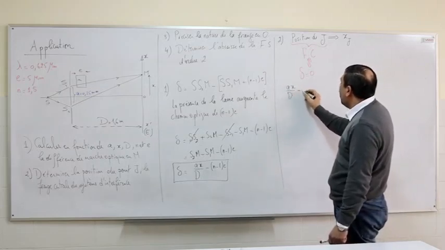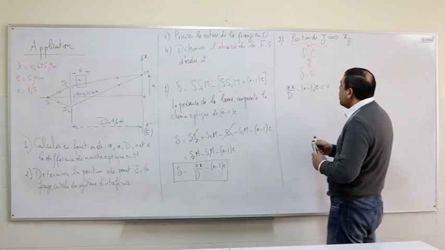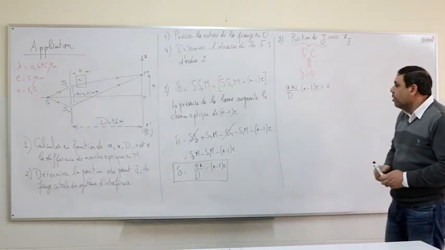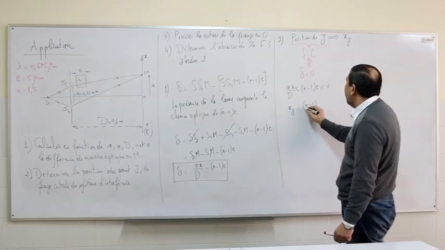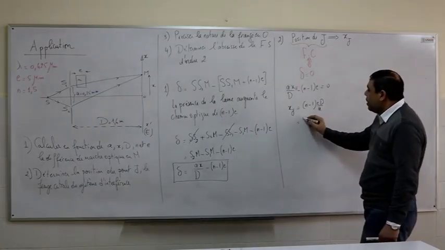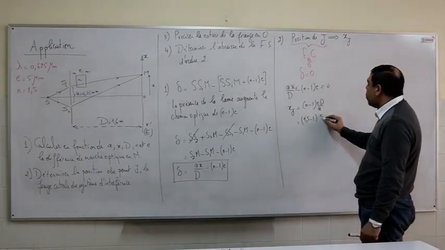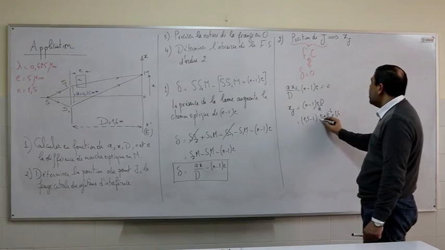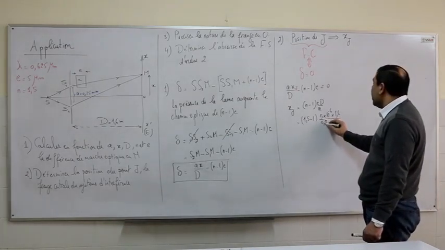AX over D minus (n minus 1)e equals 0. x of point J, which is the center of the central fringe, and as a result, x of J equals (n minus 1)eD over A. This is equal to (1.5 minus 1) times 5 times 10 exponent minus 6 times 1.6 over 0.25 times 10 exponent minus 3.